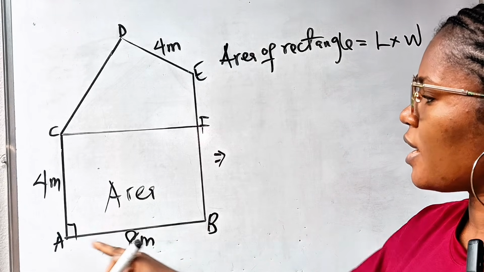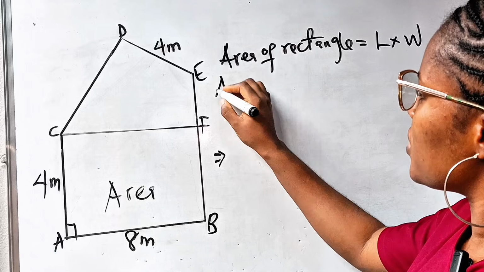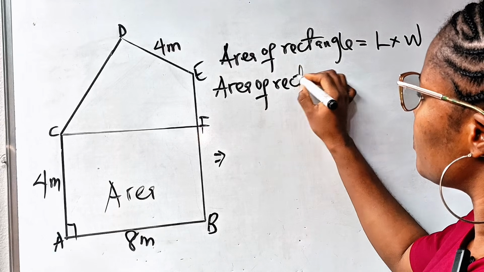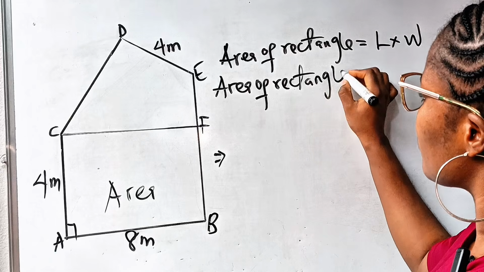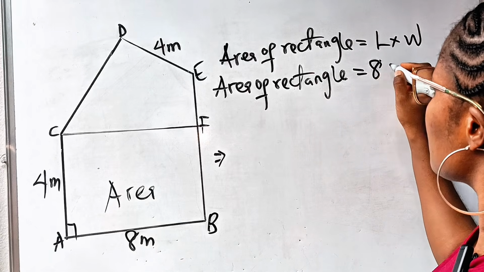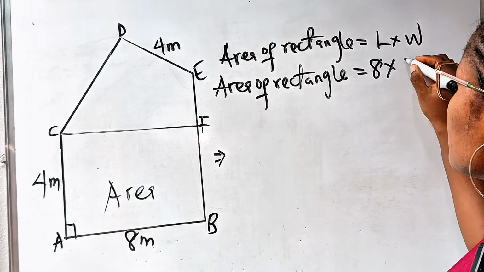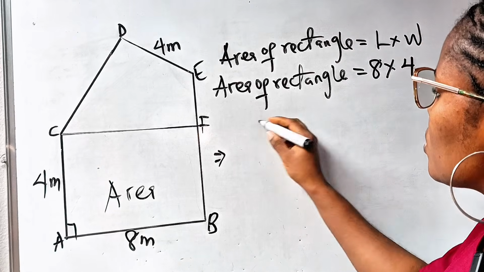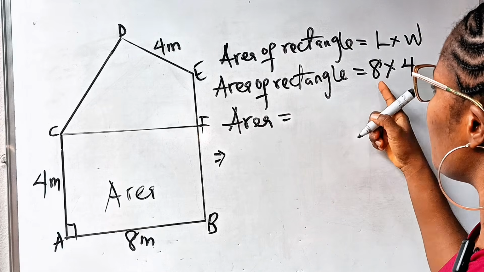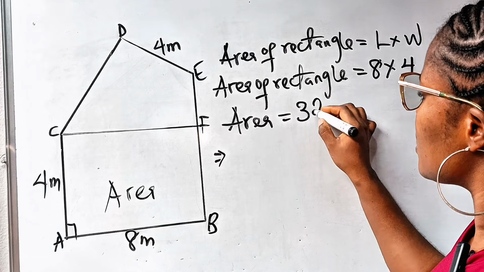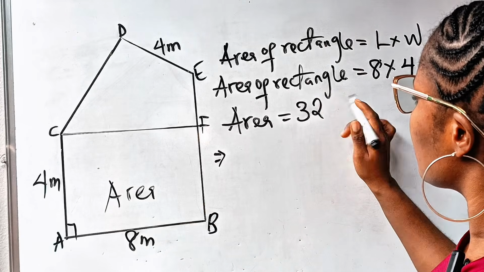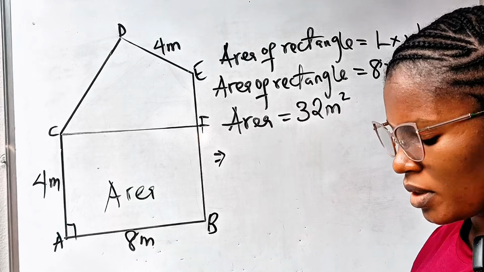The length is 8, so the area of the rectangle is equal to the length 8 multiplied by the width 4. So the area of the rectangle will be 8 times 4, which is 32 square meters.